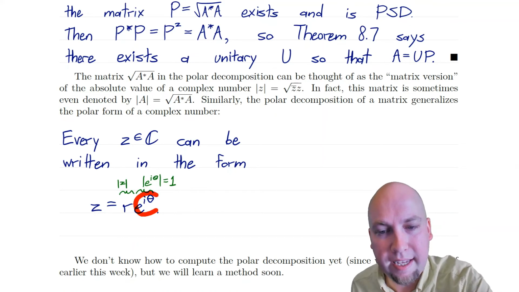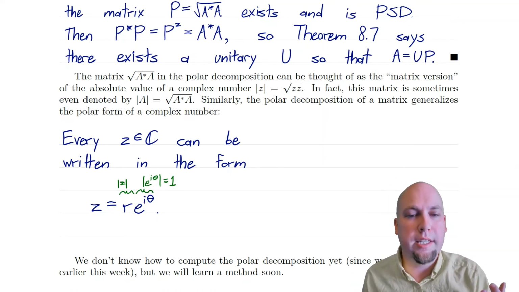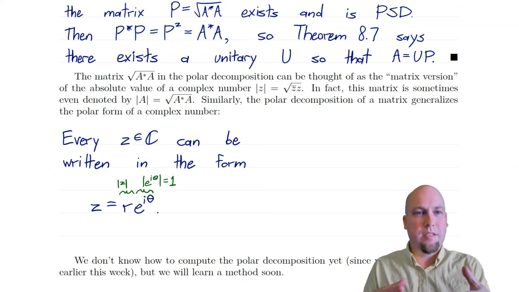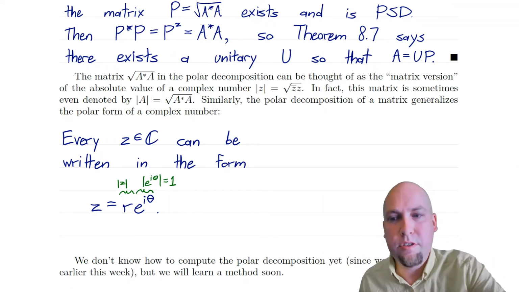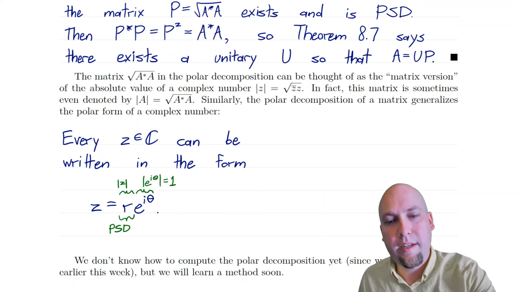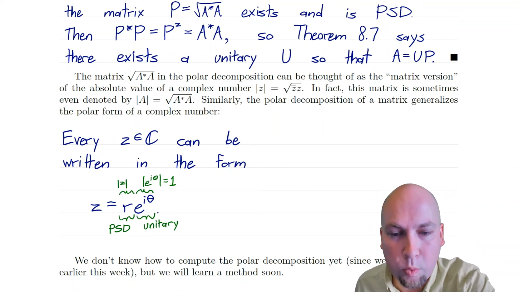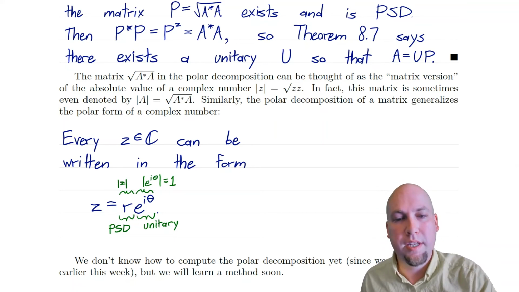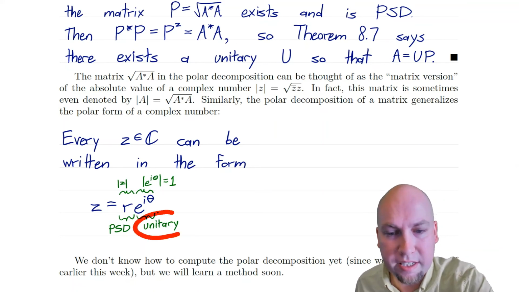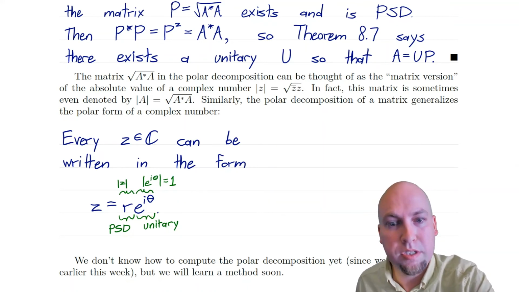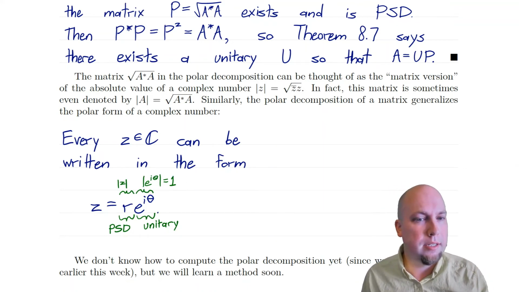It's some number on the unit circle in the complex plane. The way this generalizes to matrices is that we can write a matrix as a positive semi-definite matrix times a unitary matrix. In the 1-by-1 case, positive semi-definite matrices are exactly non-negative real numbers, and unitary matrices are exactly numbers on the unit circle in the complex plane.